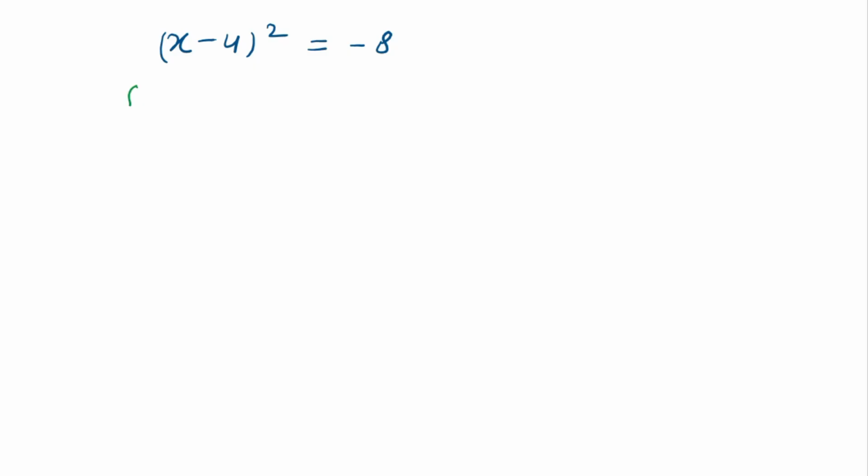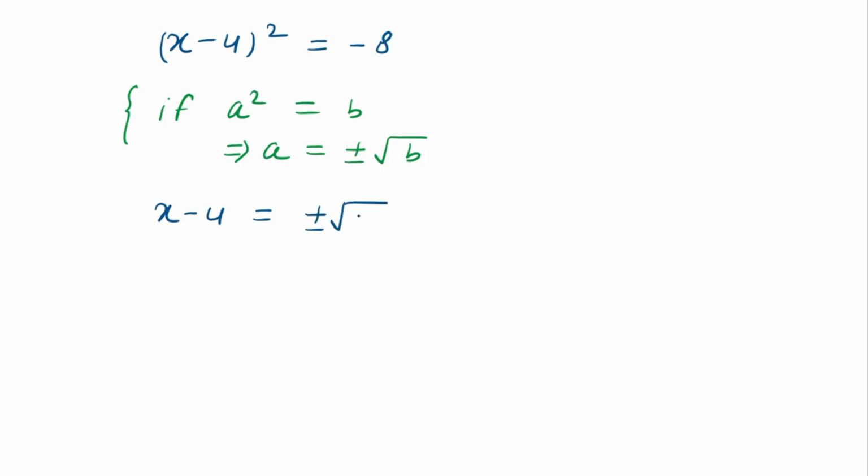Here if we apply this rule, if a square equals b, this implies a equals plus minus square root of b. If we apply this rule, then x minus 4 equals plus minus square root of minus 8.